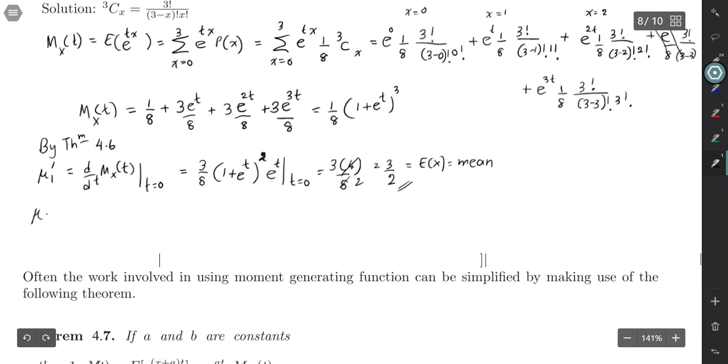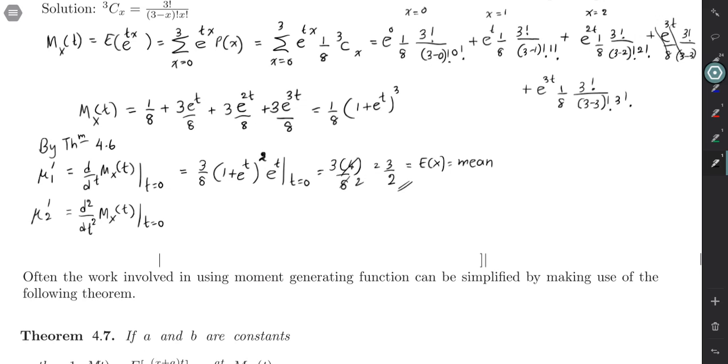Now let's do the second moment about the origin. You need the second derivative of M_X(t) evaluated at t equals 0. Here's our first derivative. We take the derivative of this term with respect to t, so we have to use the multiplication rule: the derivative of the first one times the second, plus the first one times the derivative of the second.